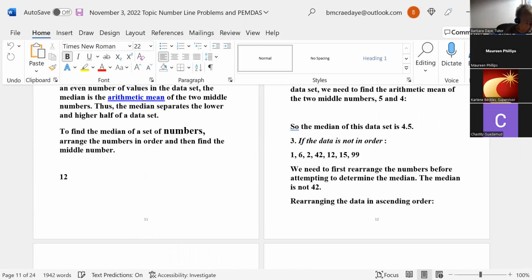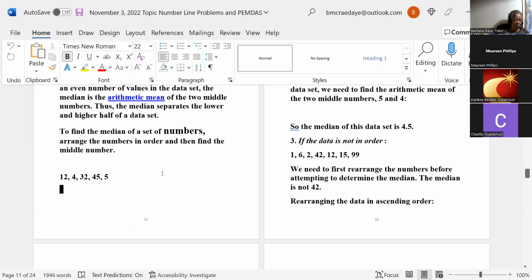Just to give you some numbers here: 12, 4, 32, 45, and 5. Now there are 5 numbers, right? Now, Maureen, put them in order, either high to low or low to high.